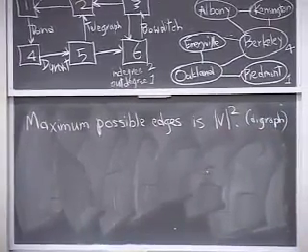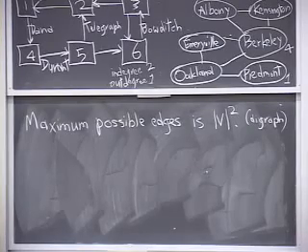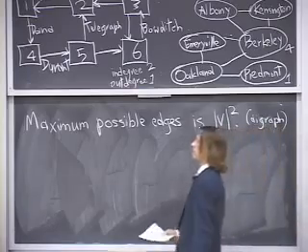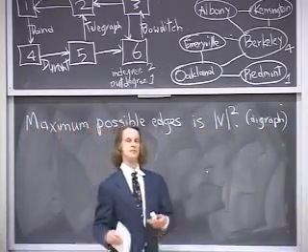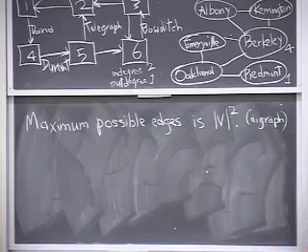But the point is, the number of edges can be quadratic in the number of vertices in either case. And so that adds up to a lot of storage space. If V is big, if you have a huge number of vertices, that adds up to a lot of storage space. And sometimes the number of edges that you're actually storing is far less than the number that you need to store in an adjacency matrix.